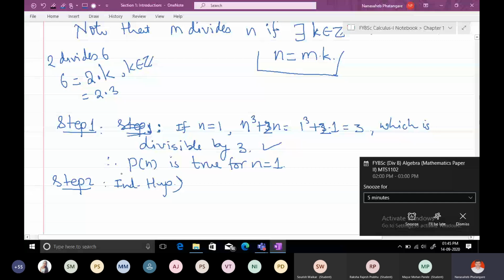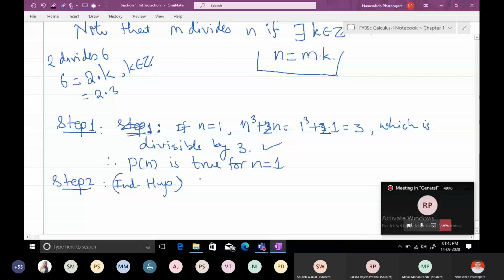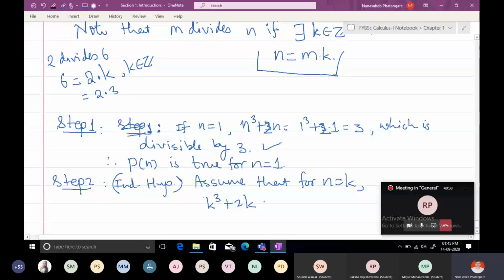Assume that for n equal to k, k cube plus 2k is divisible by 3.